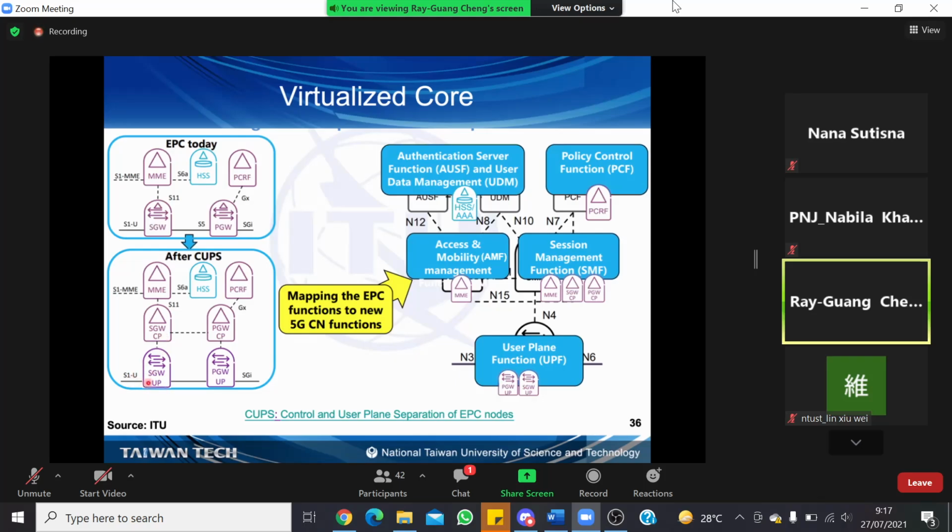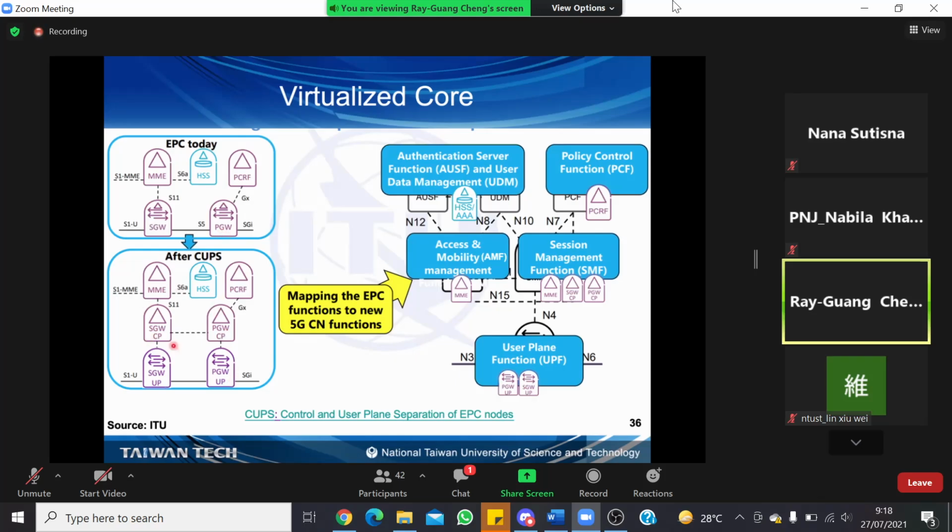So the user plane is only for routing. The control plane function is to set the routing path. The same applies to the P gateway: they split it into control plane and user plane.